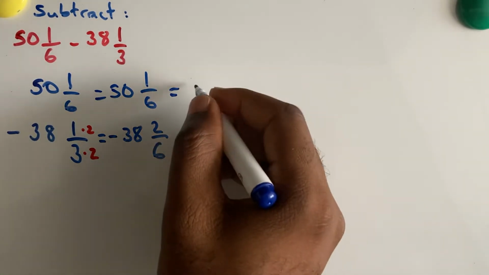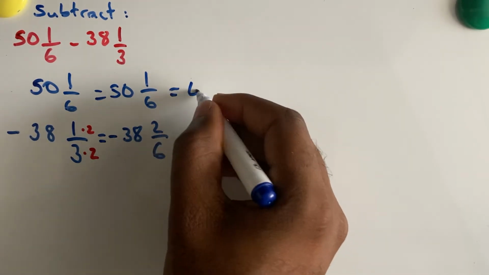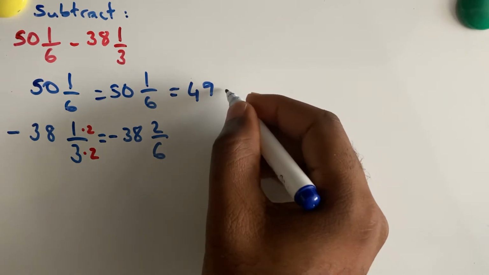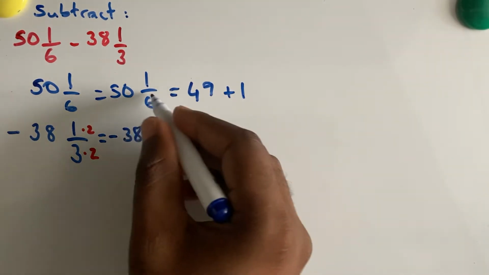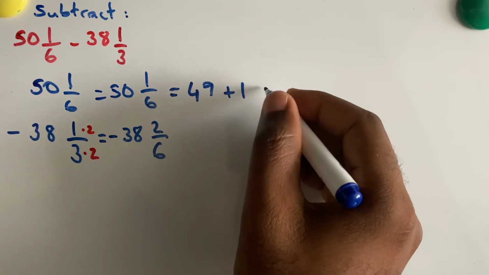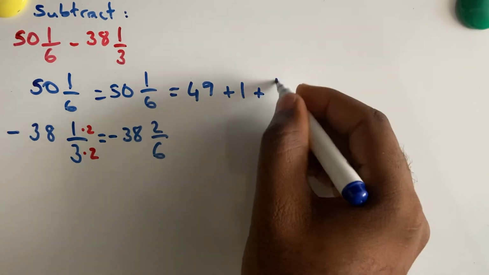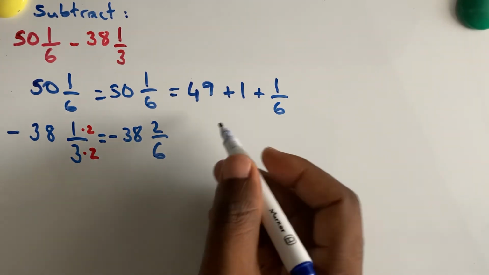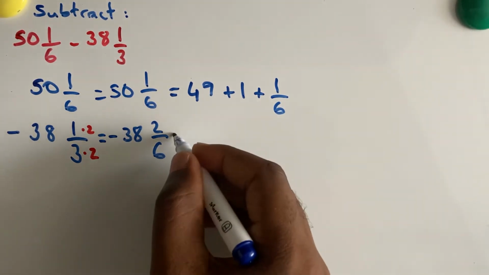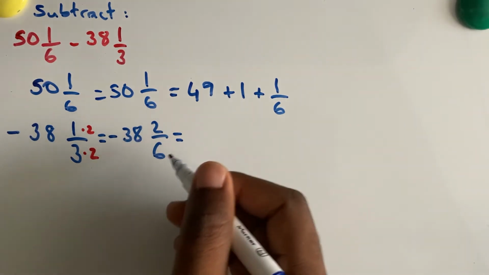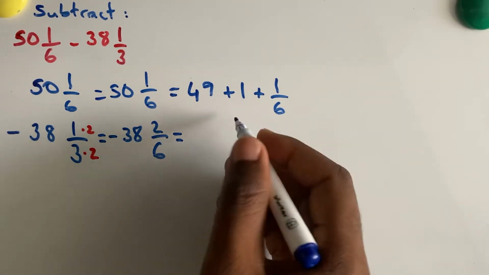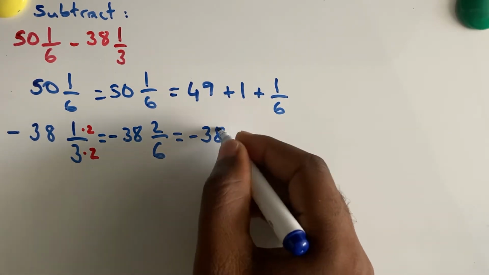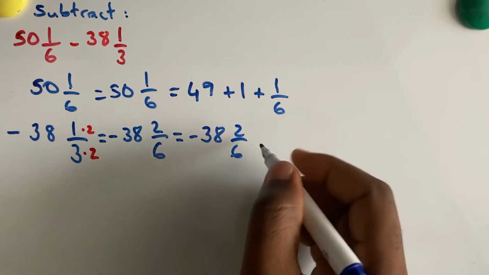You can write it as 4 plus 1, which will give you 5, plus 1 over 6. You can write it like this just to rearrange it a little bit. Now the bottom part stays the way it is, minus 3 2 over 6.